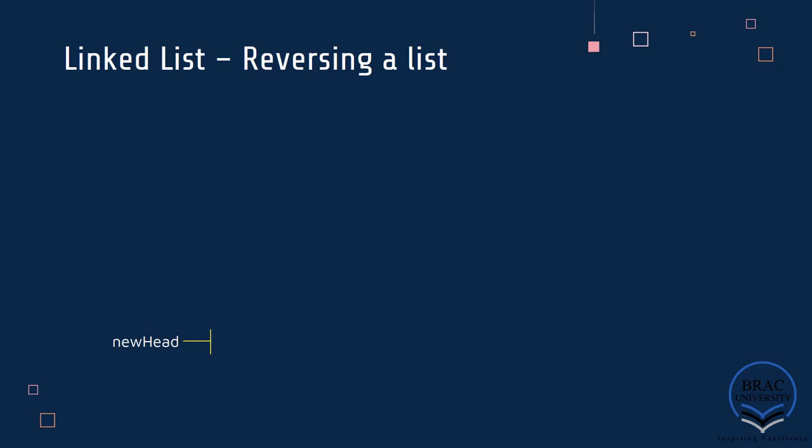Then we are going to have an iterator that will go through the list, which is n. And the next one will be the pointer where I'm going to save the rest of the list whenever I change a link.